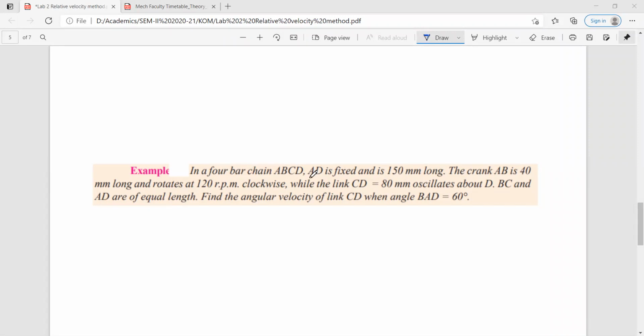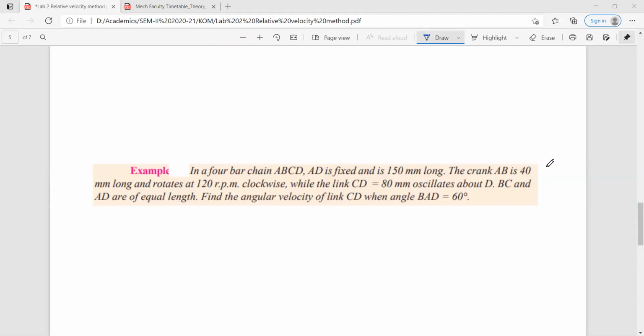So one can see that it is a 4-bar chain. Okay, means 4 lines you have to draw. A, B, C, D. In this, AD is fixed and 150 mm long.